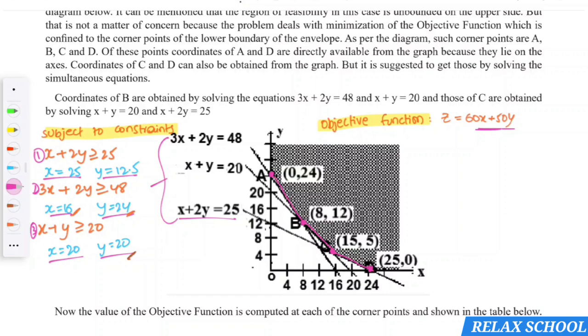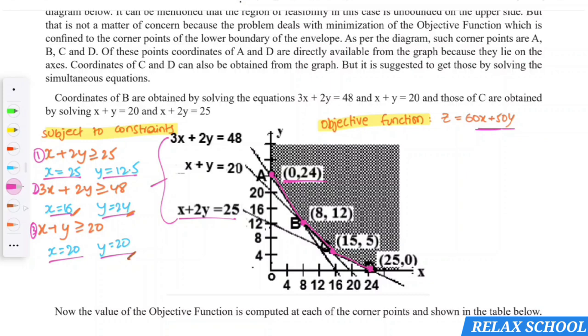So these would be our coordinates. Here if we see it, it would be 0, 24. This would be 8, 12. And this would be 15, 5. And this would be 24, 0.